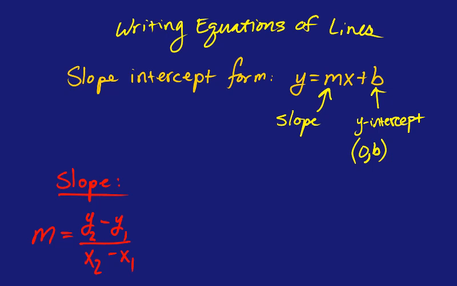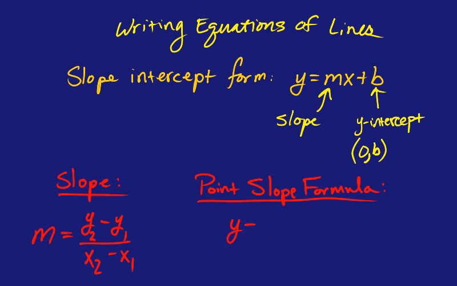But then there's also this thing called point slope formula. And if you are in a chapter where you're doing this kind of stuff a lot, you might want to remember this form because it's very useful in writing the equation of a line.